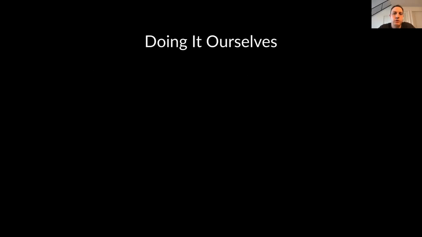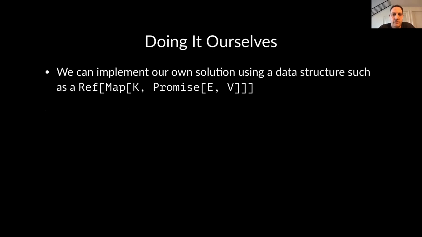Now, we can definitely do this ourselves. We've got all the tools in ZIO to handle this. In fact, in ZIO core, there's a very simplified version of a memoize function that will memoize a particular effect or effectual function. And we can think about, okay, we could have a Ref that's going to contain a map from keys to promises that are either going to have an error or the value type.